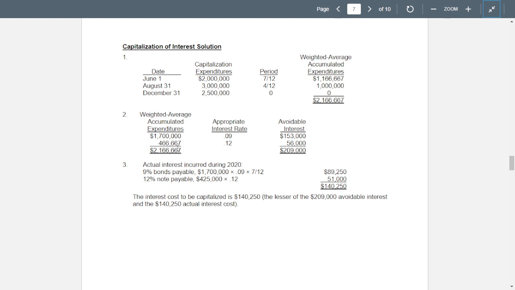Then you get this times this, and this times this, and then you get avoidable interest, actual interest incurred, this times 7 over 12, and then this times this, and then add in this. This is the lesser of this and this. So the interest that can be capitalized is this, which is the lesser of the avoidable interest and the actual interest.